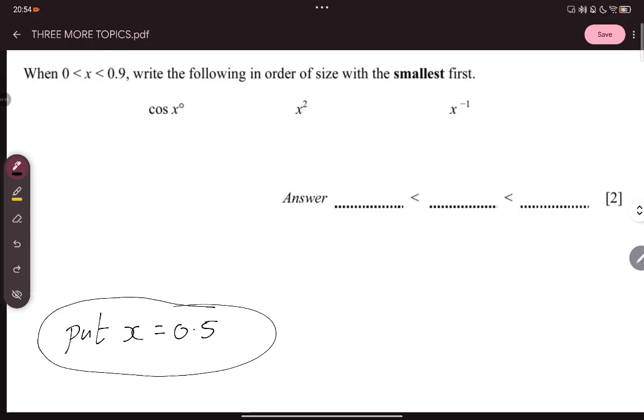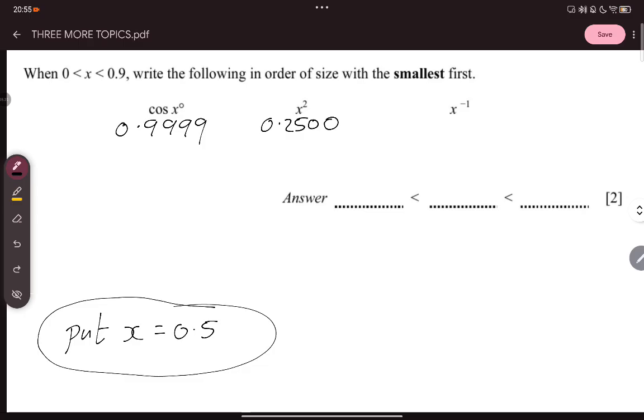So cosine of 0.5 degrees, x to the power 2. And again, I'm writing them with 4 digits after the decimal point.